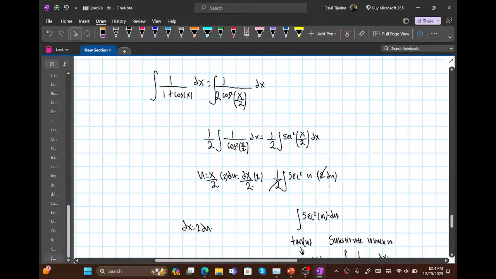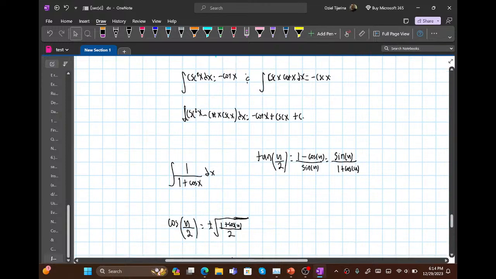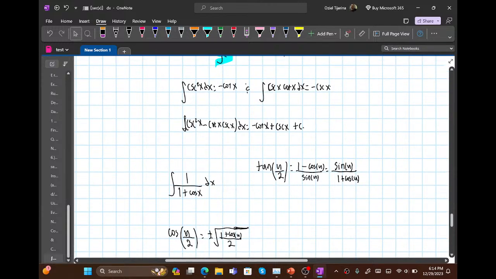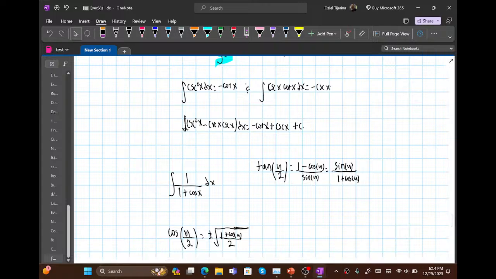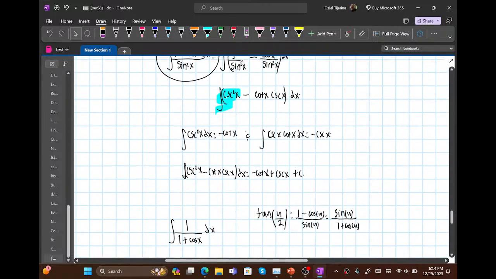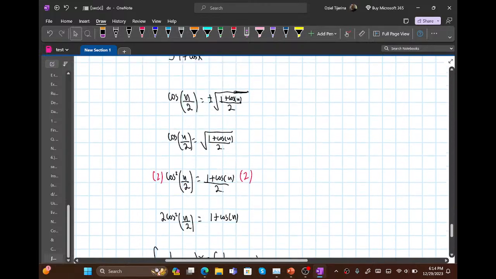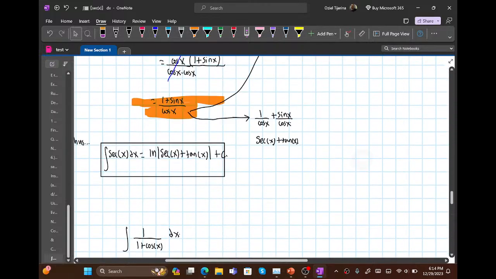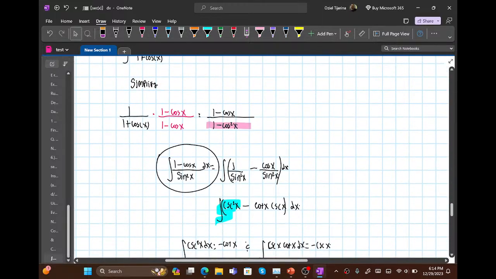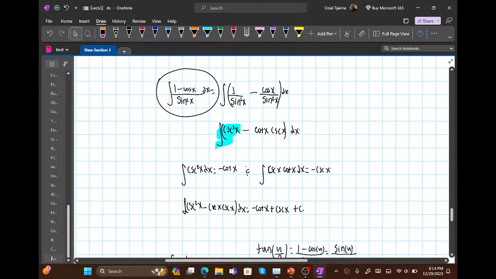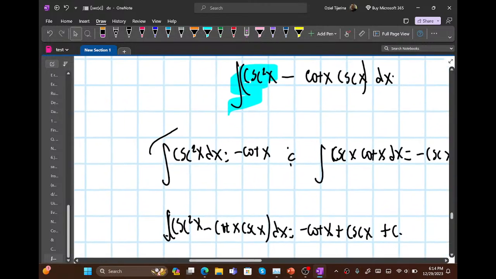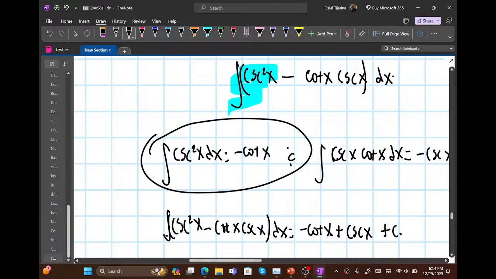Wait, what are you talking about? Where is it? Integral of cosecant squared x. That was this part. That's negative cotangent.